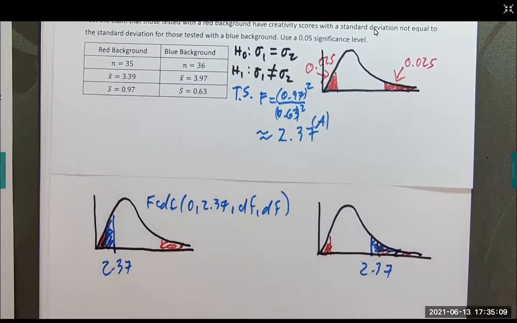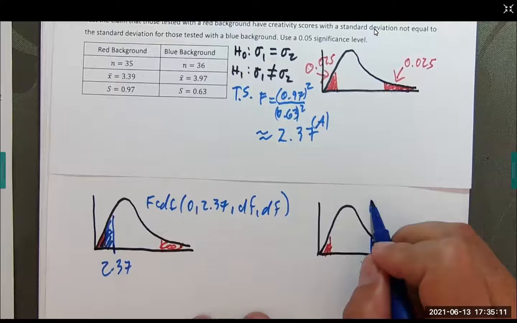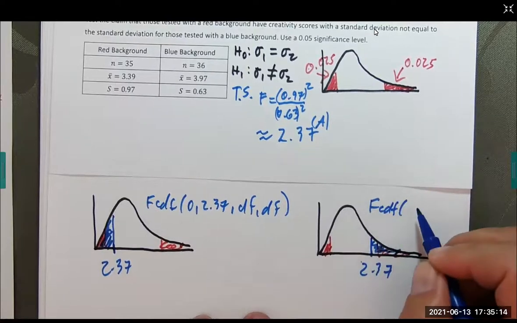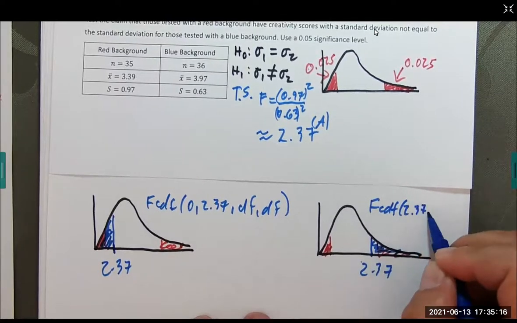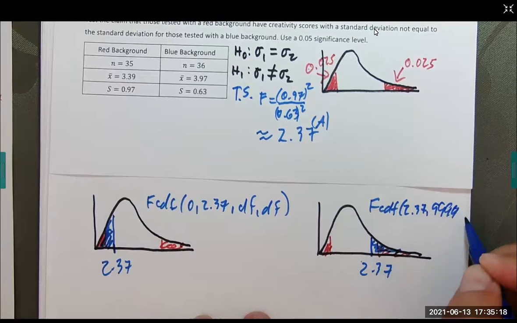So for this one, I would have to go FCDF 2.37 off to infinity, and so on.